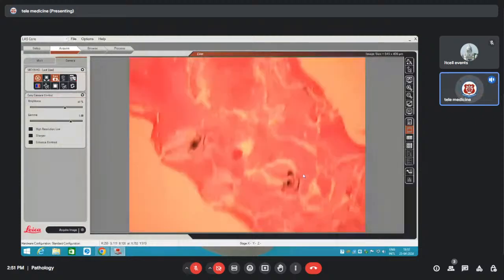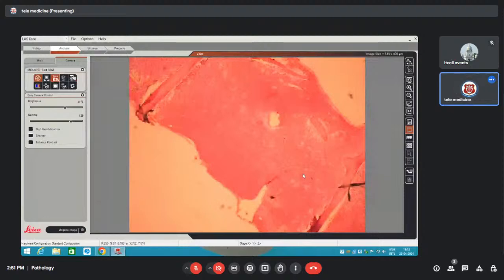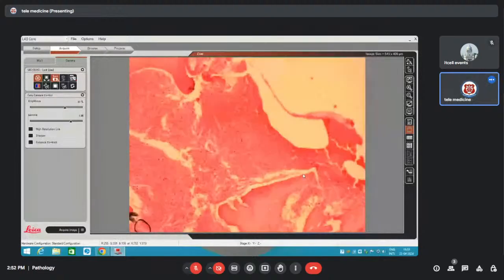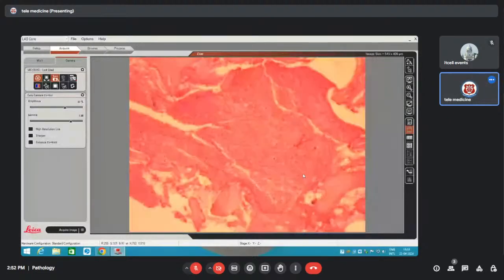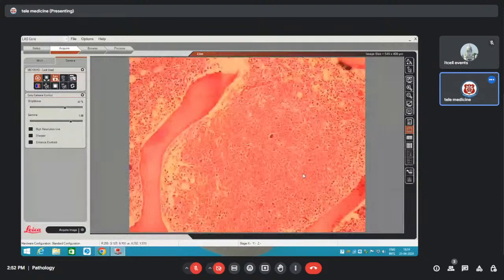So you are seeing these cellular elements. Now see carefully. So tell me, overall impression?